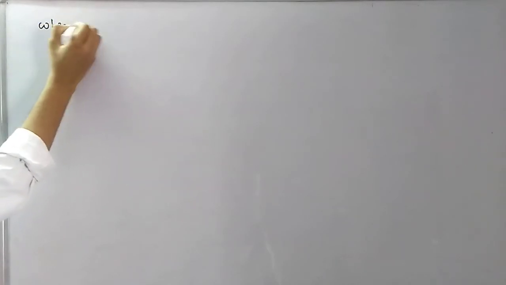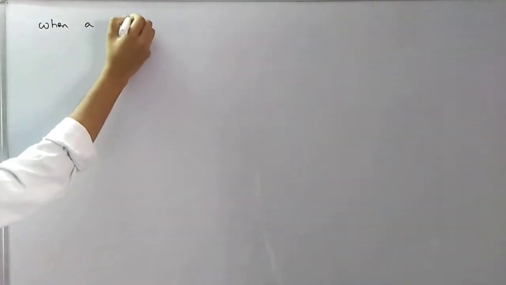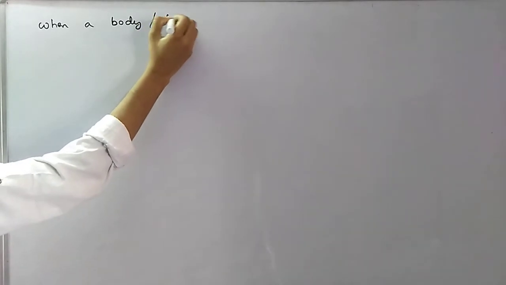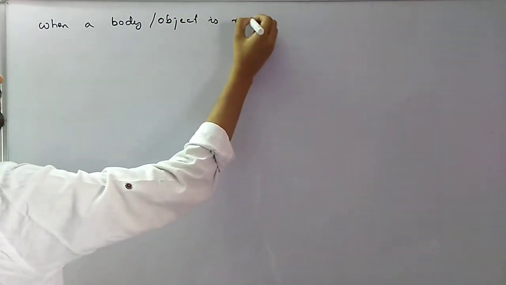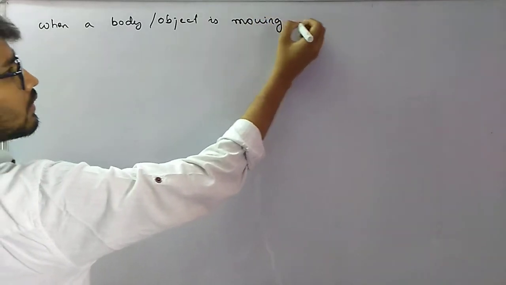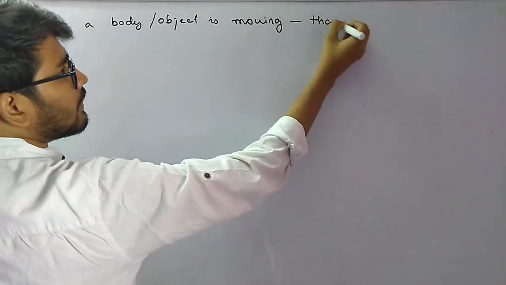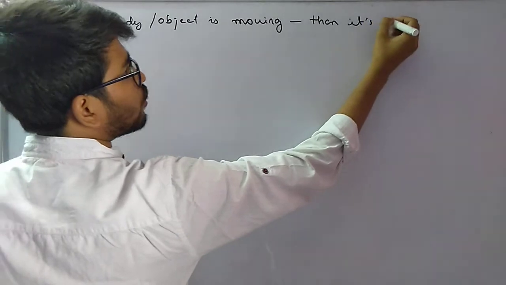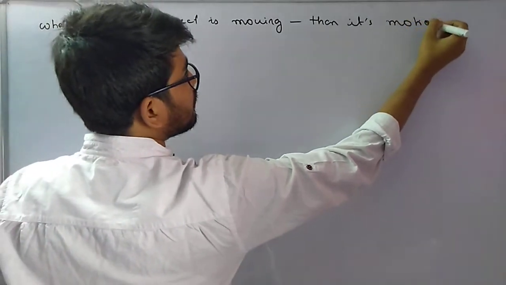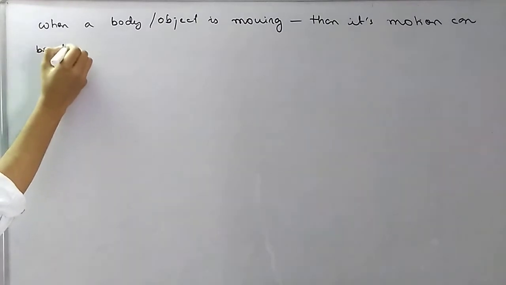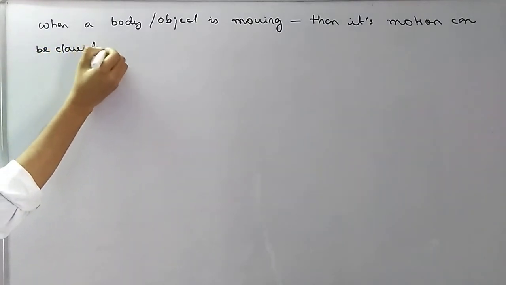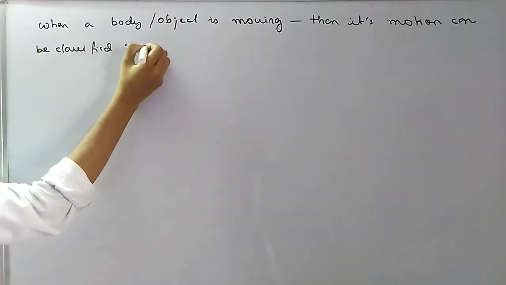Fine, let's start. Now the idea is that when a body or any object is moving, its motion can be classified into two categories.